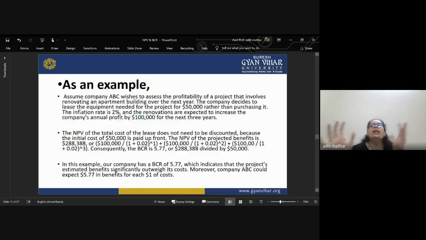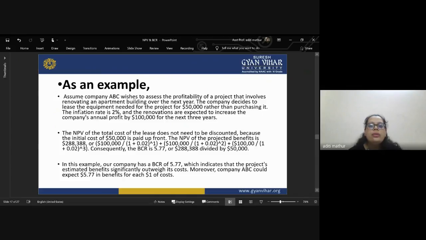So now let us take an example and assume that ABC wishes to assess the profitability of a project that involves renovating an apartment building over the next year. So they have a building and they want to renovate that building, right? The company decides to lease the equipment needed for the project at $50,000 rather than purchasing it.